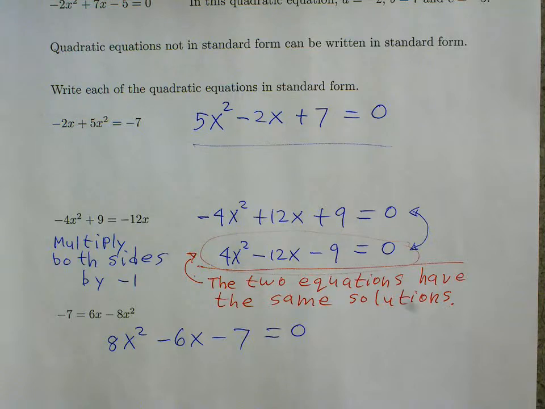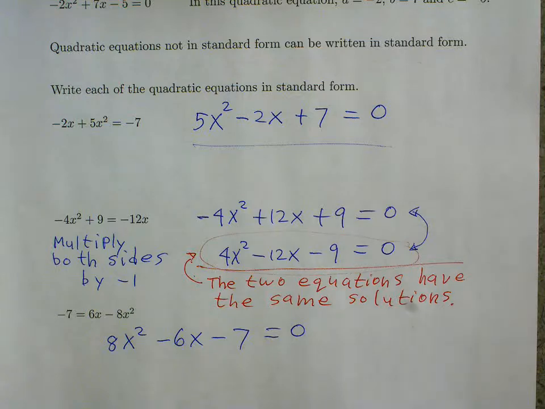Would it be plus 7? I added 8x squared to both sides, and I subtracted 6x from both sides, and then I already had a minus 7 or a negative 7. Yep, I believe this is correct.